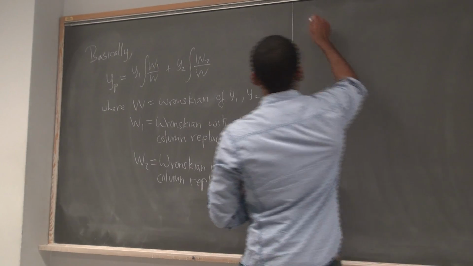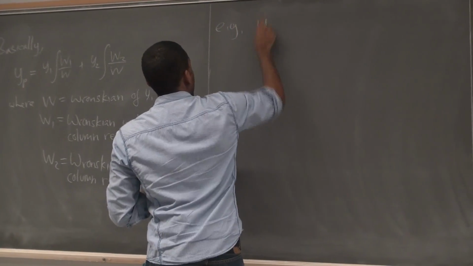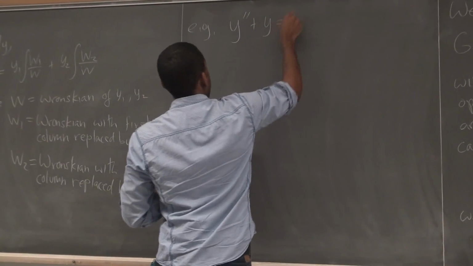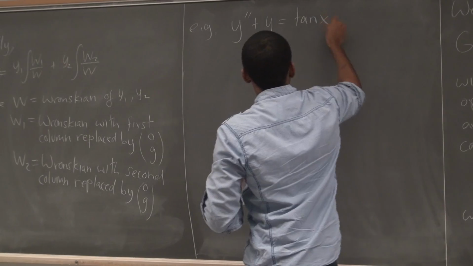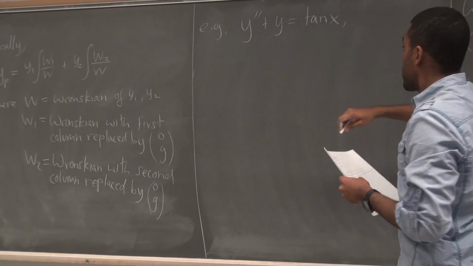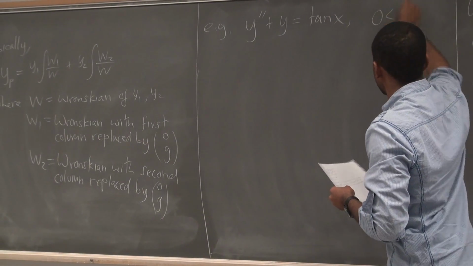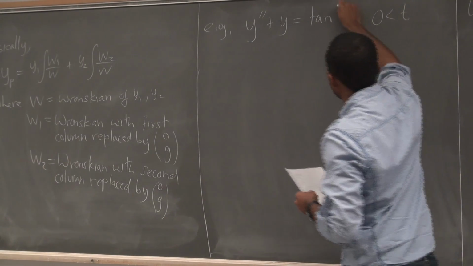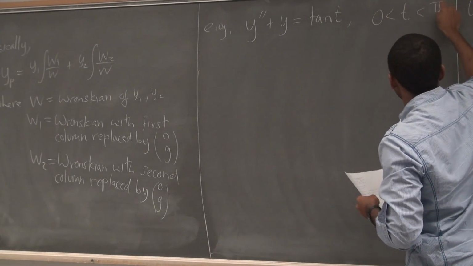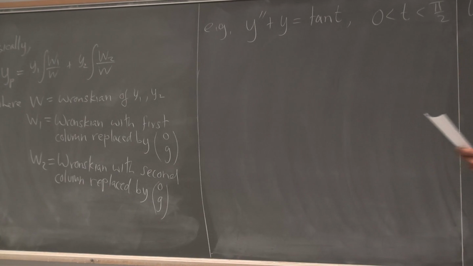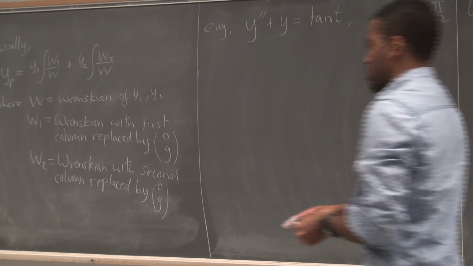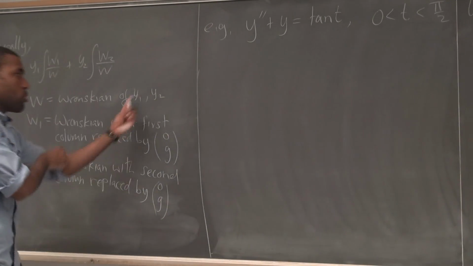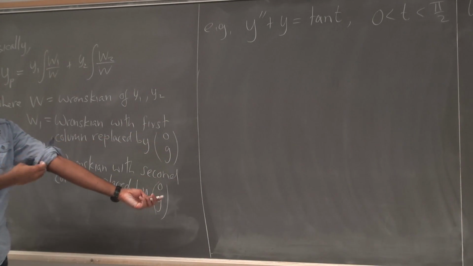Let's go back to that first guy that I mentioned. y double prime plus y equals tangent. I need to make sure all my functions are continuous, so let's do this for t between 0 and pi over 2. How do we start? Well, we need to know what y1 and y2 are, so the first thing we do is find those.